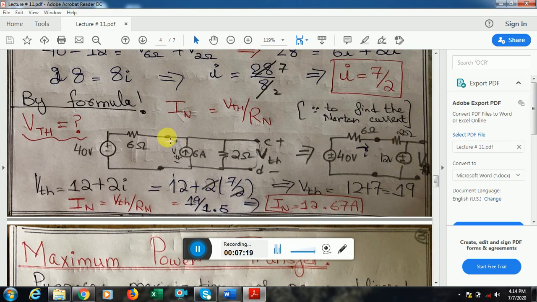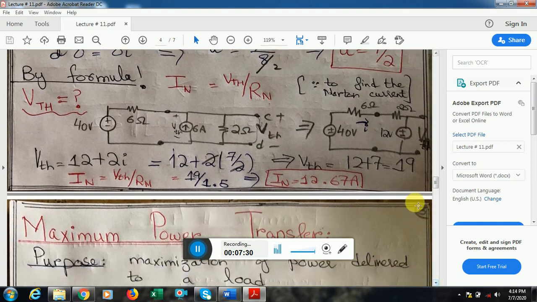So actually I had to find the parallel combination. These are the terminals C and D, so I have to find the parallel of these two combinations, and this is how I get to know the V Thevenin. Once the V Thevenin is found, which is 19 volt, I can simply plug in the V Thevenin value and RN value to find the Norton current flowing from terminal C to terminal D. So this is how I got to know the value of current.